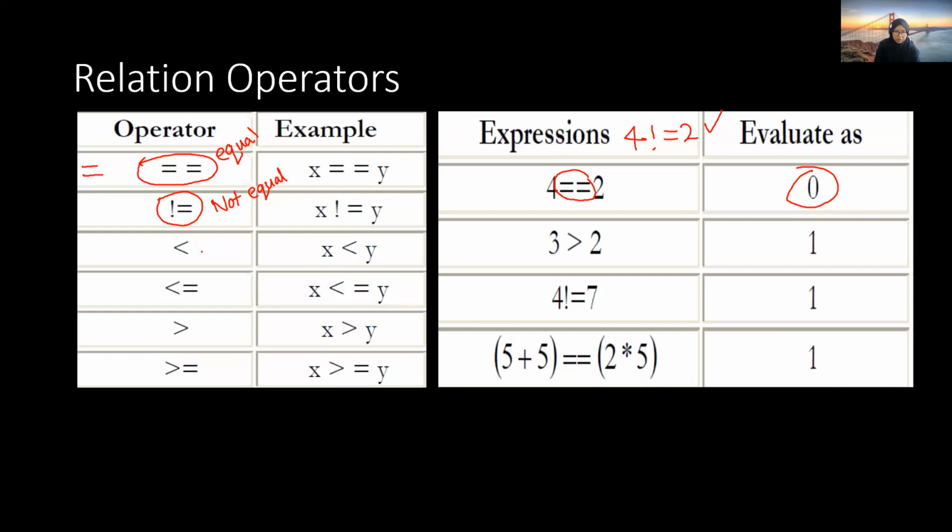And the rest, I think you can understand, it does not make any difference from what you have understood before. Let's see some examples. 3 is bigger than 2. Yes, of course. 4 is not equal to 7. Yes, that's why the value is 1. And 5 plus 5 is 10. 2 times 5 is also 10. So 10 is equal to 10. So that's why the value is 1.